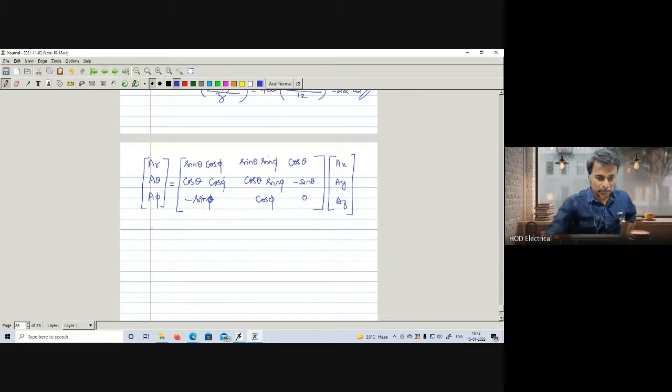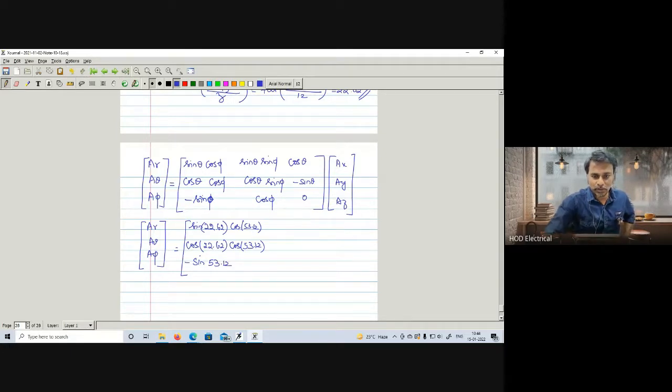Now we can write A_r, A_theta, A_phi as: sine theta, that is sine of 22.62 into cos of 53.12, then cos of 22.62 into cos of 53.12, then minus sine of 53.12.